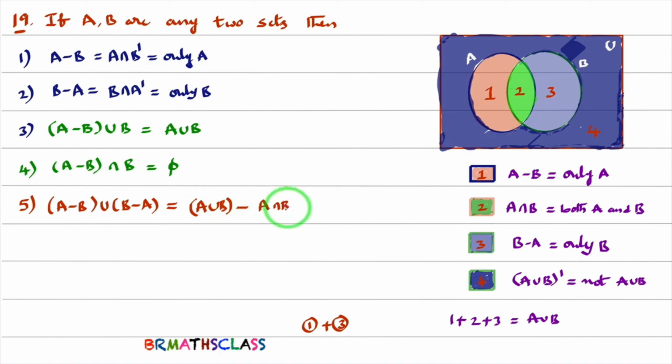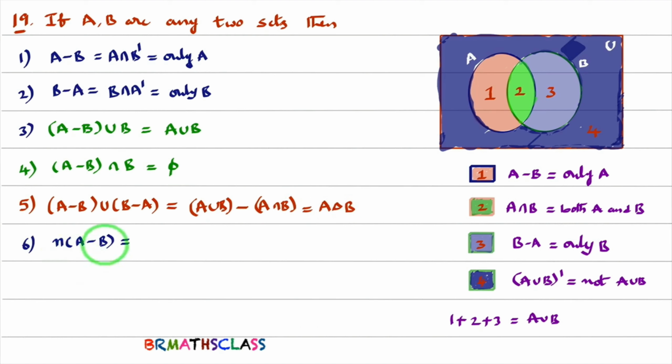The second part is A intersection B. A union B means 1 plus 2 plus 3 minus the second part, A intersection B. If both get cancelled, only part 1 plus part 3 remains. So A minus B union B minus A is nothing but A union B minus A intersection B. This is the symmetric difference between two sets, that is A delta B.